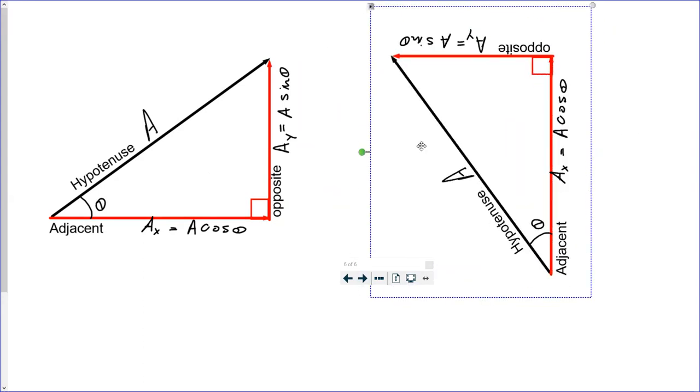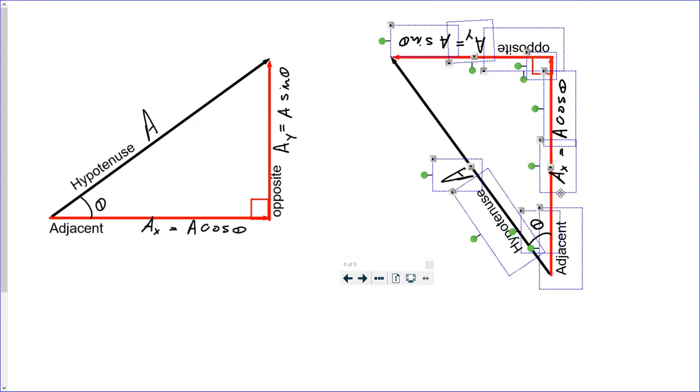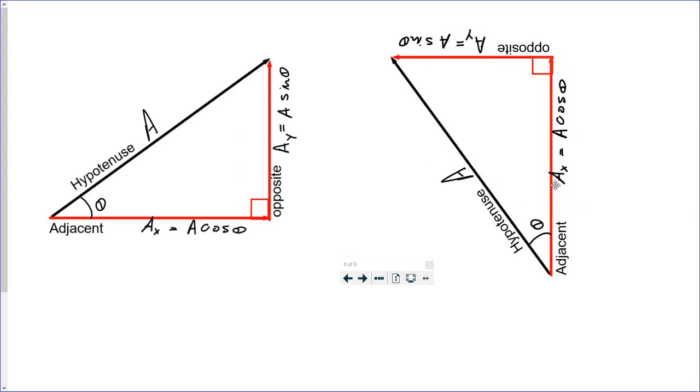So what do you think now? Which x and y, don't they get switched? Yeah. So what will we do now? Here, when we write the things, we will write them accordingly.